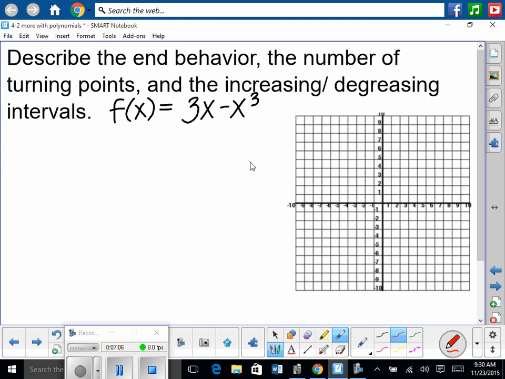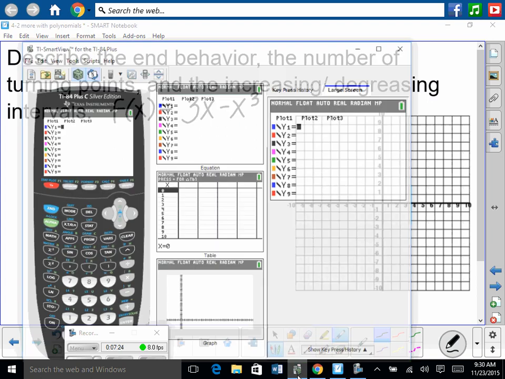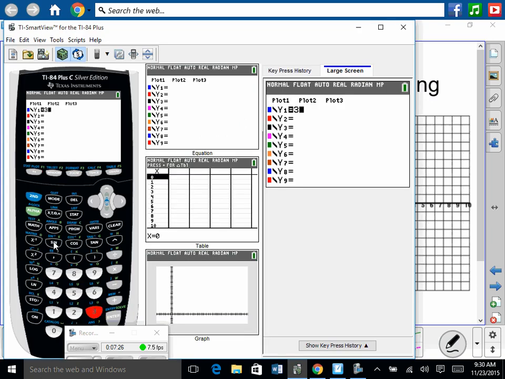So now the easiest way to do end behavior, guys, is to graph it and then look at your end behavior. So in words, so everybody type this into your calculator. 3x minus x cubed.